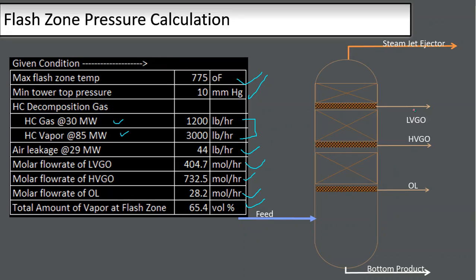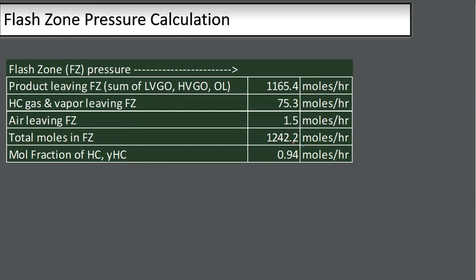This is, for example, the three products: first, second and third products. First we have to calculate some molar ratios and mole fractions of hydrocarbon in the flash zone. The products leaving from the flash zone are the LVGO, HVGO and overflash. If we add all these three, we get 1164.4 moles per hour.